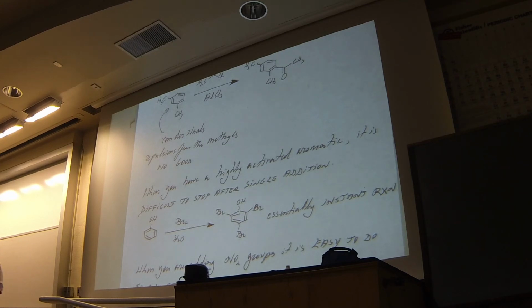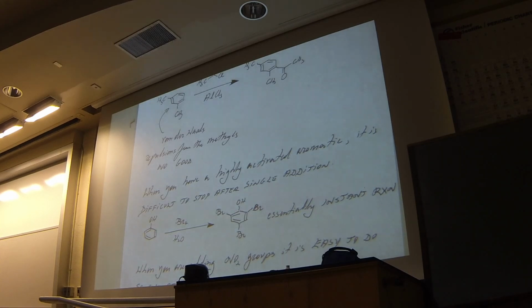So in the old days, before they had NMR and mass spec and all those wonderful tools, you had a sample of phenol. What you did was you threw it into bromine water. If it was a phenol, you would see a quick precipitate of the tribromophenol, and that was a very good indication that it was a phenol that you had. There are a lot of diagnostic tests like that that have been developed that are kind of a lost art.